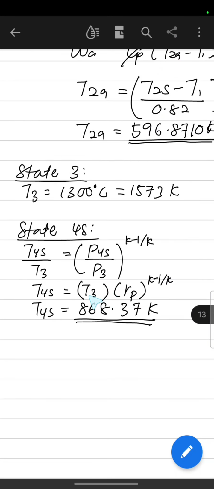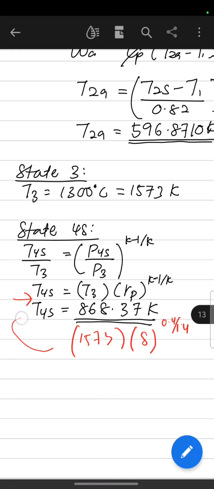Alright, so once you have rearranged, please remember to write down the values actually before this one. So you are going to plug in your T3, which is 1573, times your pressure ratio of 8 to the power of 0.4 over 1.4.